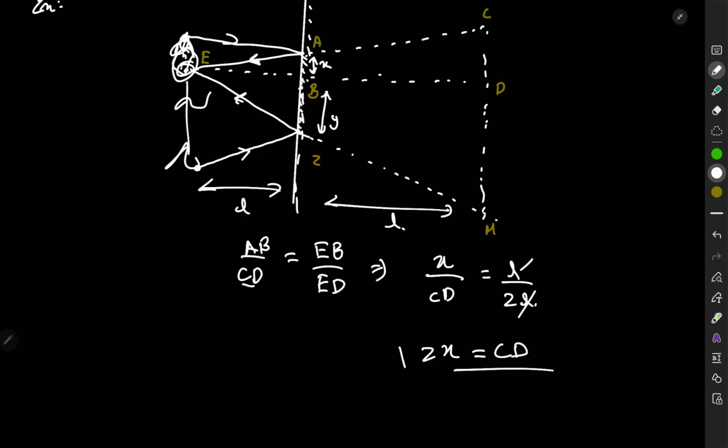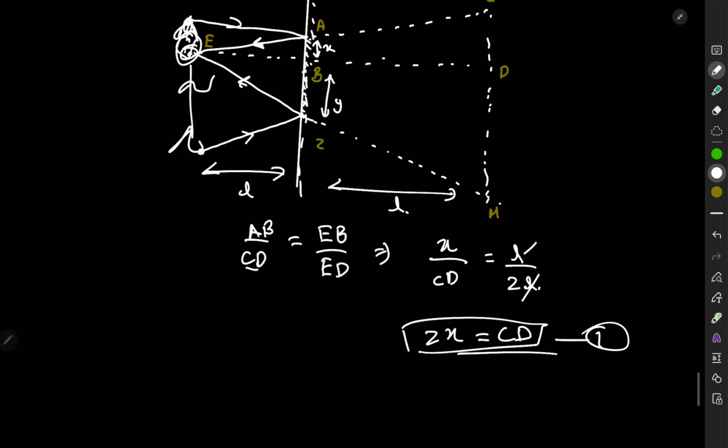Fine. Equation number 1. So similarly do it for this triangle: BZ by DH is equal to EB by ED, right? So what is BZ? Y. What is DH? I don't need that. What is EB?